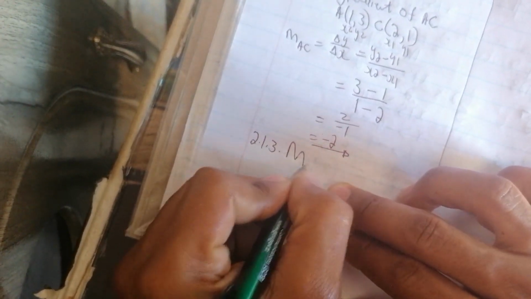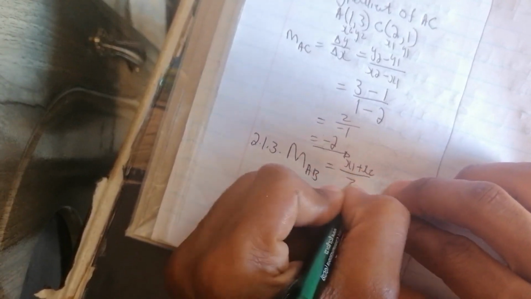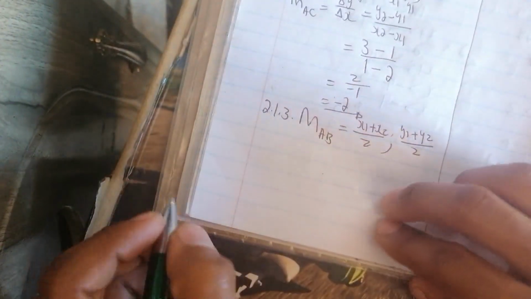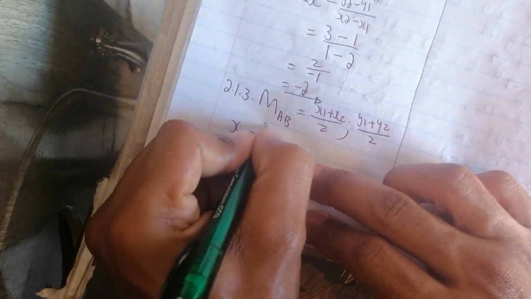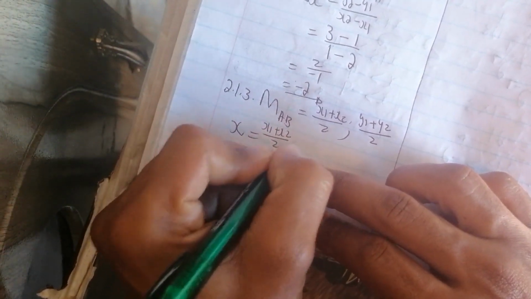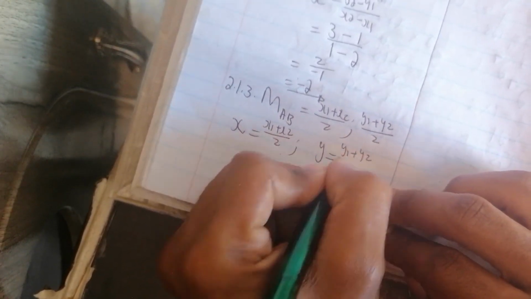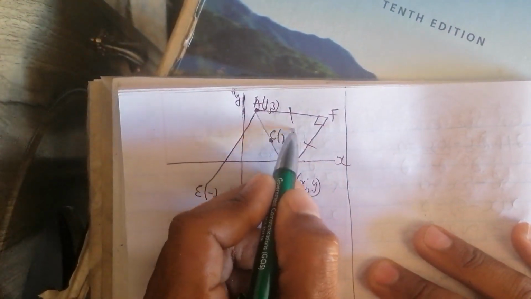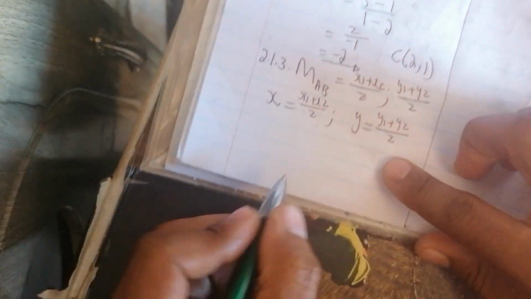The midpoint of AB is equal to (x1 plus x2) divided by 2, (y1 plus y2) divided by 2. In other words, the midpoint of x in A and B is x1 plus x2 divided by 2, and the midpoint of y is y1 plus y2 divided by 2. Remember, the midpoint is C with coordinates (2, 1).